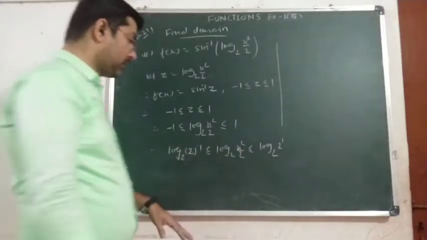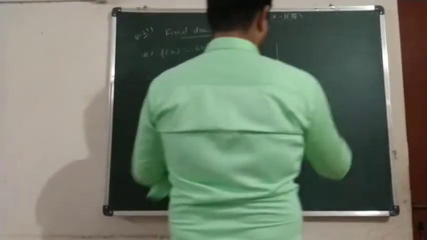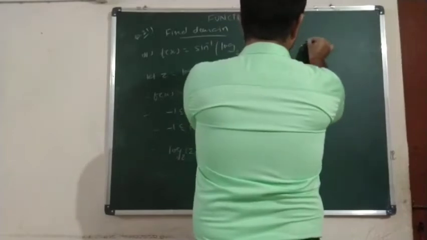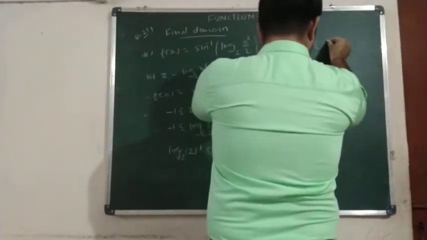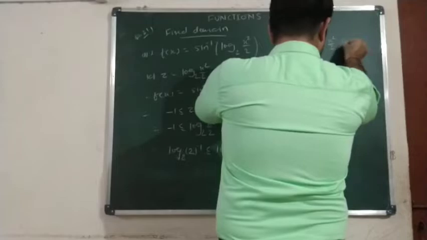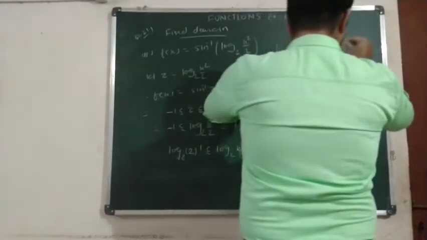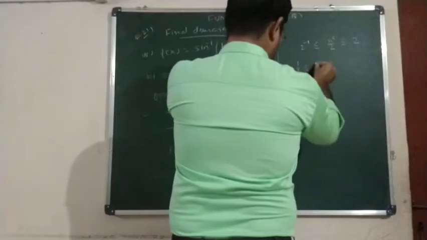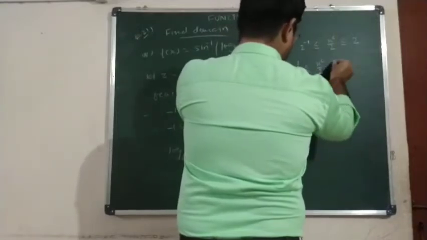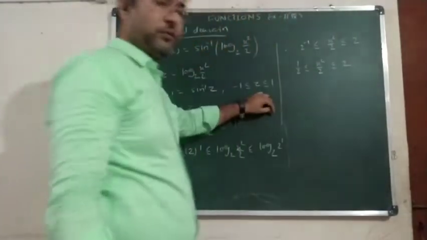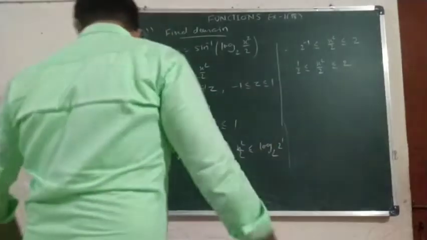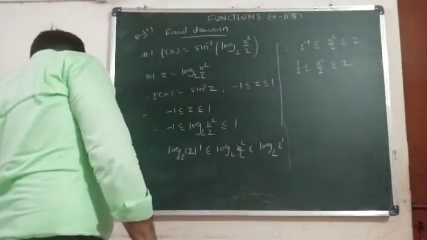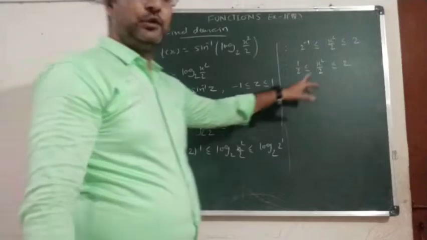Now let us remove log throughout. So we will get, therefore, 2 raised to -1 is less than or equal to x square by 2 is less than or equal to 2, or 1 by 2 is less than or equal to x square by 2 is less than or equal to 2. Now we have to find the value of x.